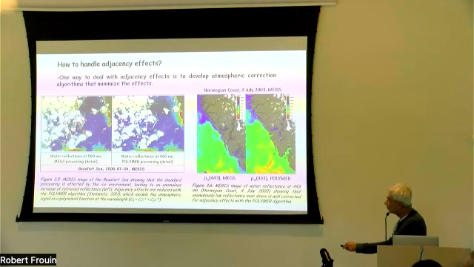But you see in this polynomial, you have a term in lambda minus 4. So you expect that using this kind of modeling, you will be able to take care of the adjacency effect.